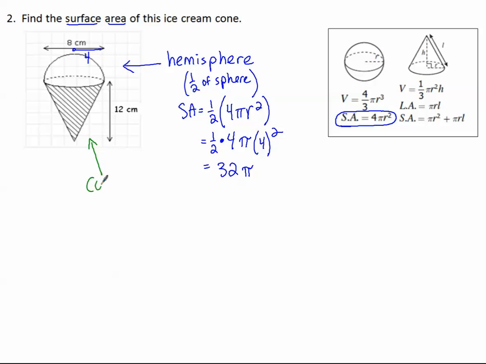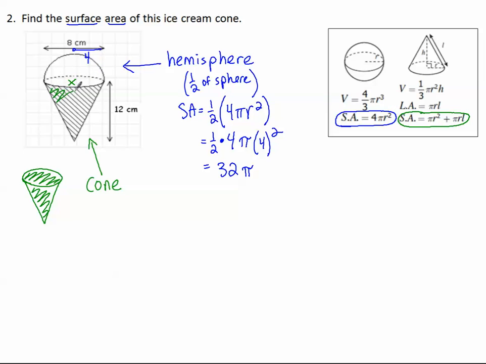The cone has a surface area formula that looks like this. However, notice that the hemisphere is sitting on top of the cone. So normally, whereas the surface area of the cone covers all of the surfaces, including that circular part, because the ice cream is on top, I don't want that part.